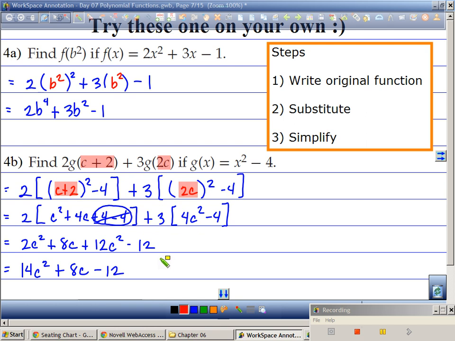See that? This says I've got a function of x. This is what it equals. This is my function. Then I say over here, well, what would my function be if I substituted in c plus 2 everywhere I saw an x? So everywhere I see an x, I substitute in c plus 2 right here.